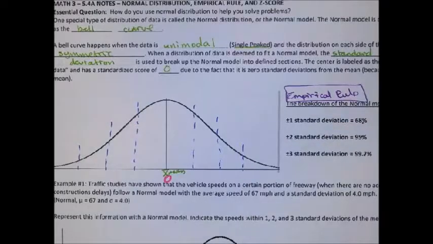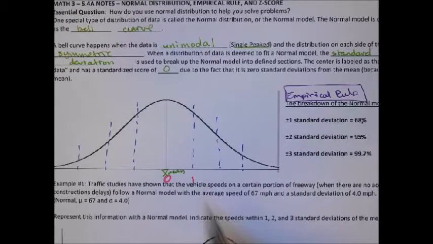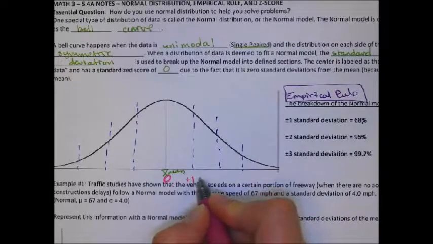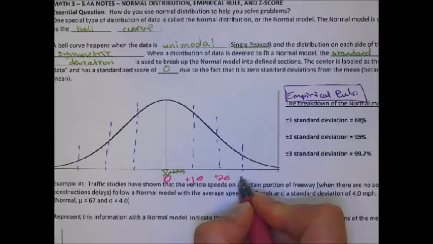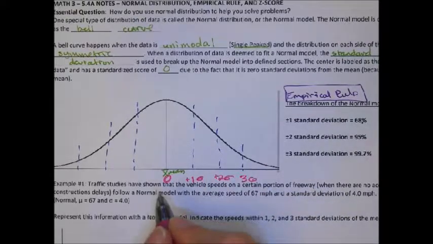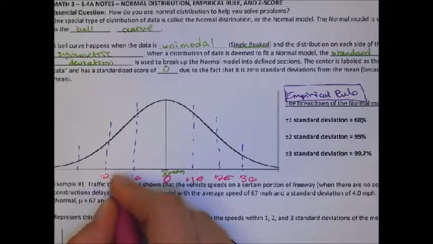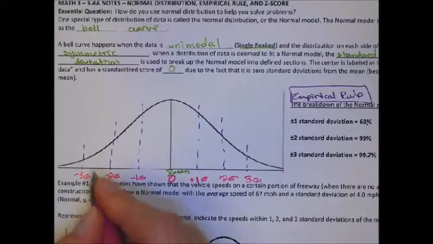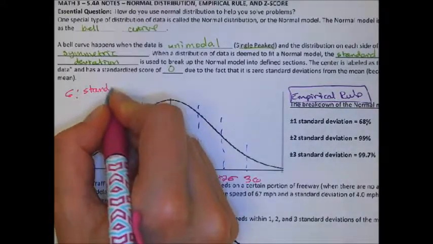Each of these lines is an additional standard deviation away from the mean. So here's plus 1 sigma. This is plus 2 sigma. And this is 3. Minus 1, minus 2, minus 3. And again, sigma is our standard deviation.